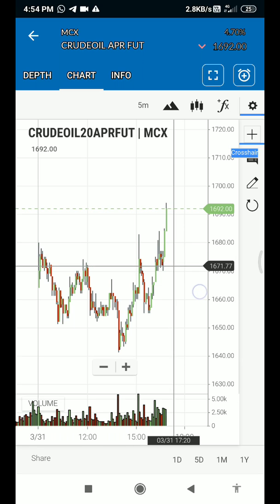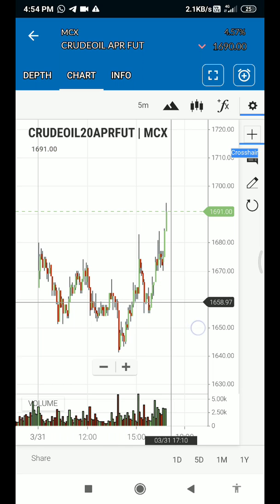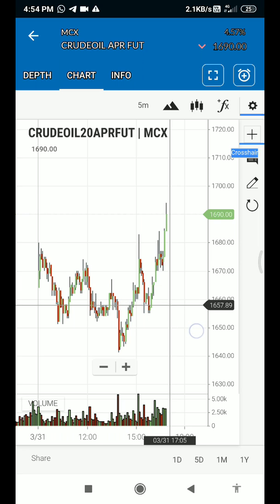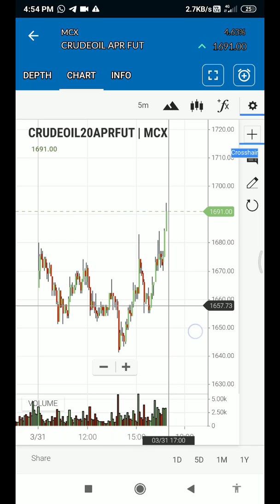This is how you have to find out the sentiment in 5 minutes candle, or you can even choose 1 minute candle. In crude oil I usually use 5 minutes. Whether the market sentiment is bearish or bullish, I just coincide with the main trend, that is weekly or daily time frame. I will take trade accordingly.